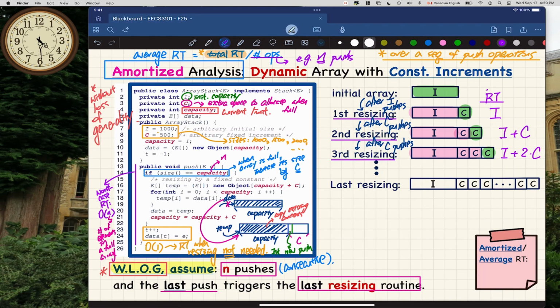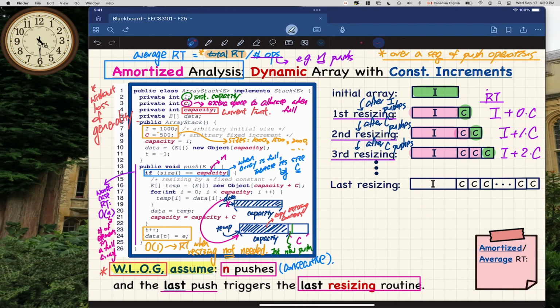Think about this one here is I plus 0 times C. And this one here is really I plus 1 times C. And this one is I plus 2 times C. So you can see right here, 0, 1, and 2. These multiplicative constants correspond to something. In the very first resizing, it's 0. Second resizing is 1. Third resizing, it is 2.